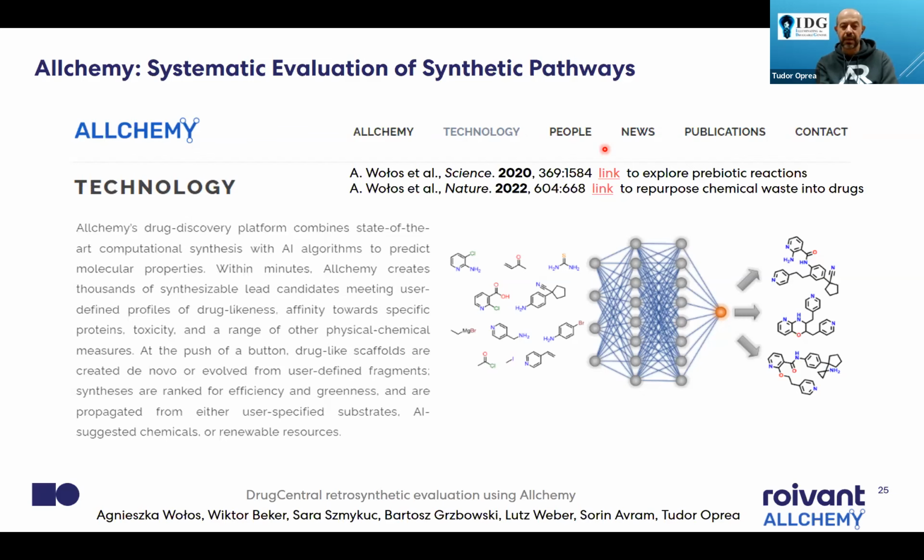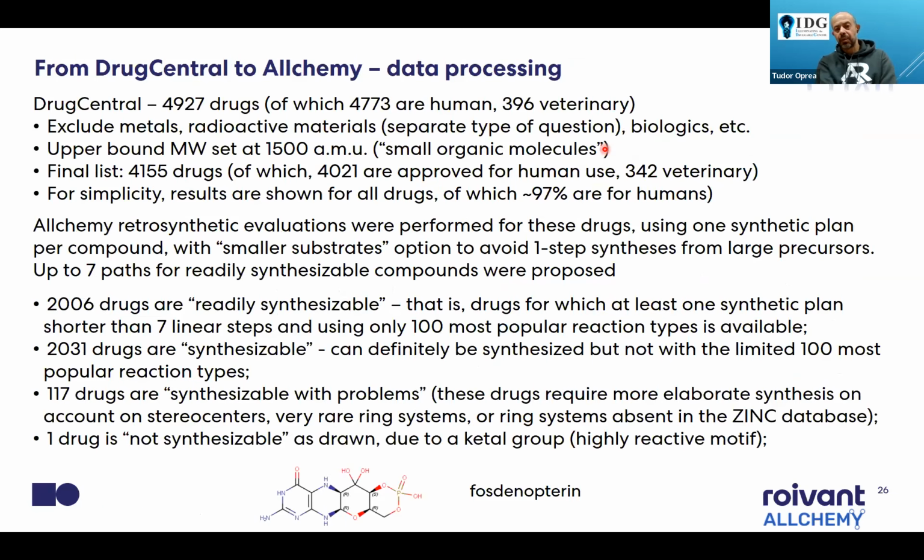So what we did, and this is really all of the work, the rest is just the visualization. We started with Drug Central. We focused on small molecules, which is about 4,200 drugs, a bit less than that. The majority of them are approved in humans. The newest version of Drug Central has veterinary drugs as well.